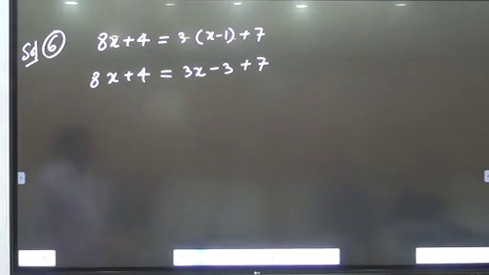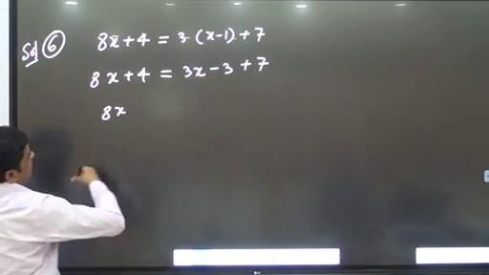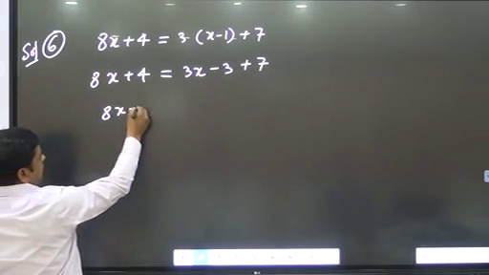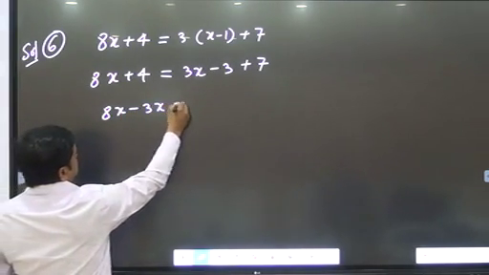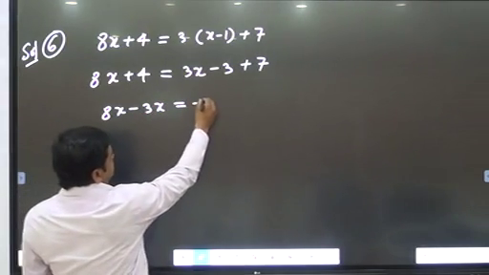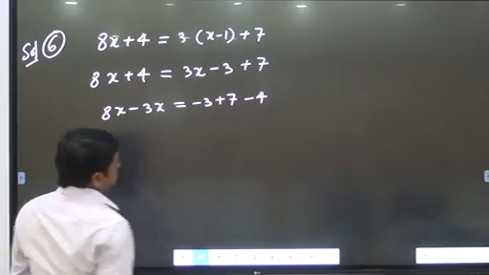Now collect the variable on the same side. 8x and 3x transfer from right to left, so the sign should be changed, minus 3x. And when 4 transfers from left to right, minus 3 plus 7 minus 4.